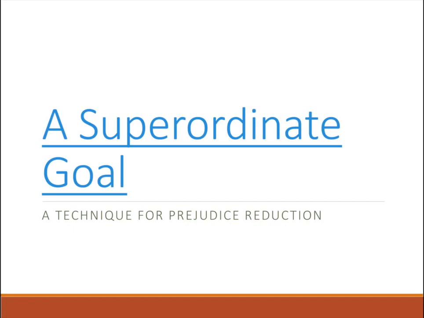In your textbook, you'll read about the Robbers Cave study, which is an example of realistic conflict theory, of course, but the way in which Muzafer Sherif resolves it is through what's called a superordinate goal. The last thing I'll say as well about a superordinate goal is that I would like for you to go to my YouTube channel and under the social psychology playlist, which is linked to from the course website, you'll notice that there are a few videos.